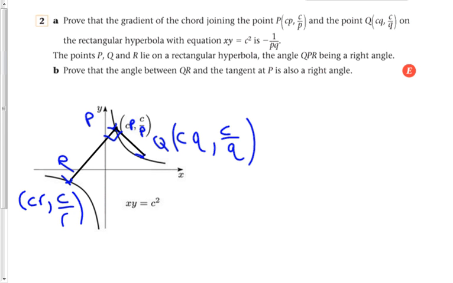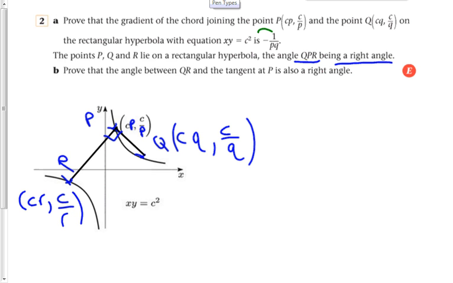That makes sense? Now, what does that mean? If the angle QPR is a right angle, what can we say about the product of the gradients PR and PQ? Equals minus 1. Brilliant. And we've already done the hard work in the first question.